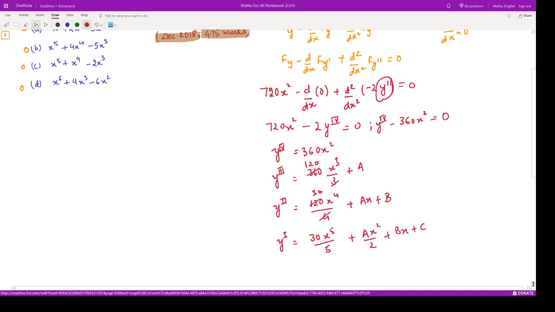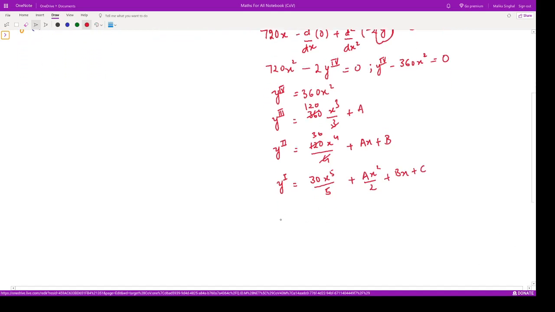Let us integrate once more. We will have y, and it would be 6, so we have 6 x to the power 6 by 6 plus ax cubed by 6 plus bx squared by 2 plus cx plus d. We are simply integrating again and again. So this would be our y.